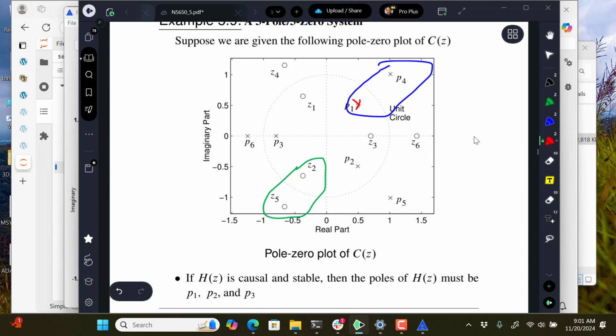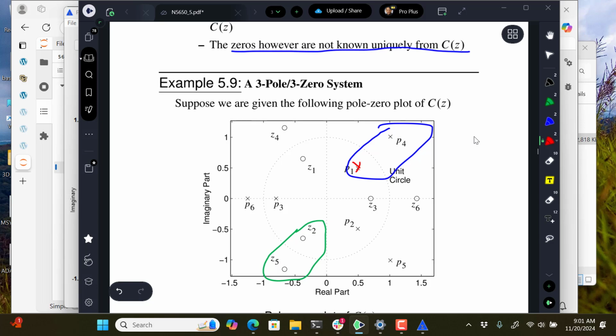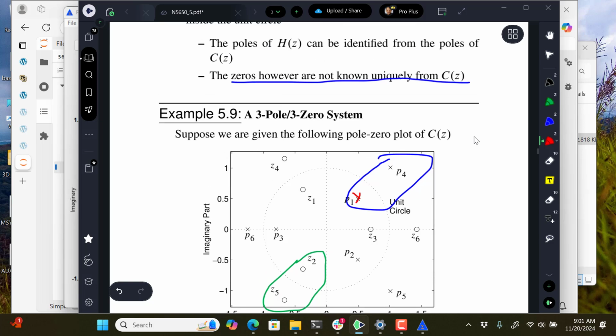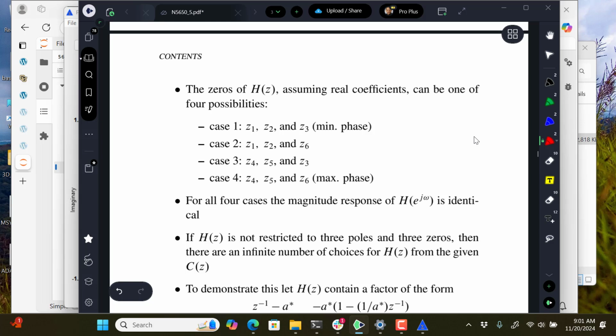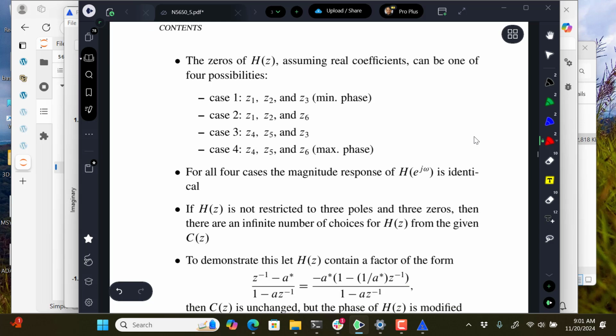So first off, we have this representation where we have poles and zeros at conjugate reciprocal locations for both the poles and the zeros. So we just have 2 of each, always lined up in a conjugate reciprocal location. And this just shows you how many cases we can make with the 4 zeros that we have in the system.